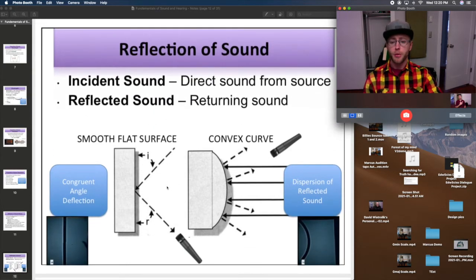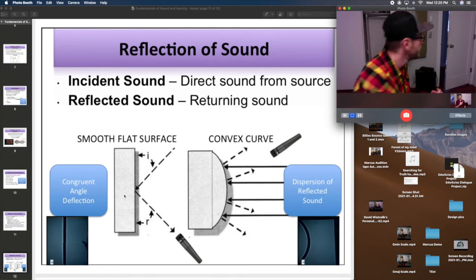Okay, a little bit more about reflection of sound. I mentioned earlier that it's equal and opposite. Things bounce off of surfaces and continue at the equal opposite angle. Incident sound is the direct source. Like my voice is the incident sound that you guys are hearing. The reflective sound is maybe some of the room characteristics.